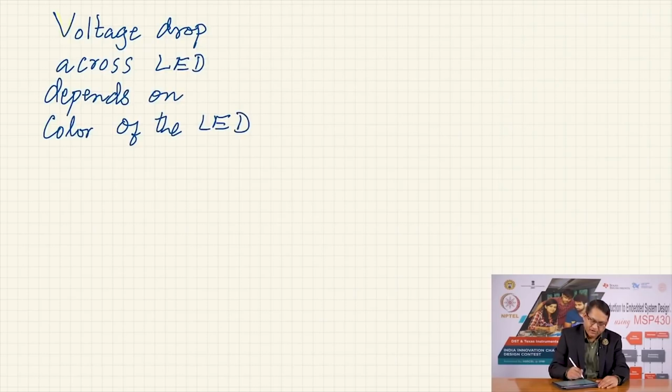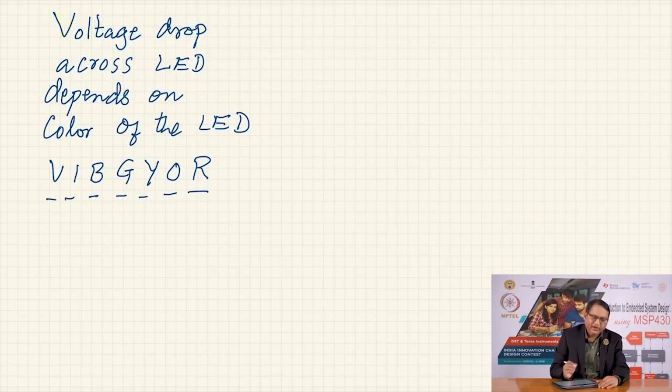And we have the entire range of LEDs available which emit different colors. You might have a red colored LED, you may have orange, yellow, green, blue, indigo and violet.